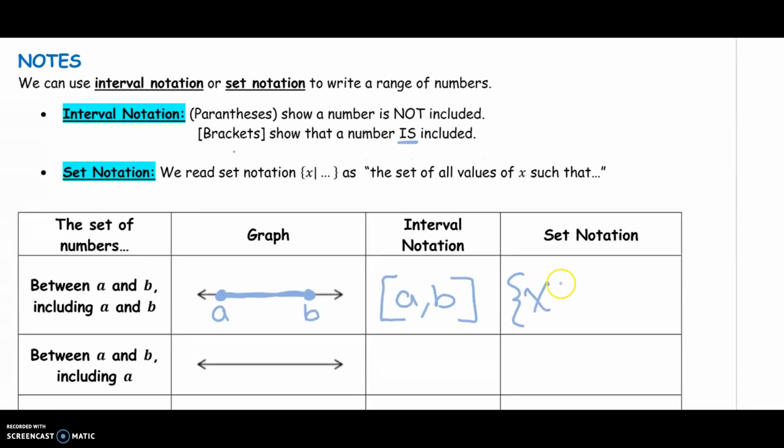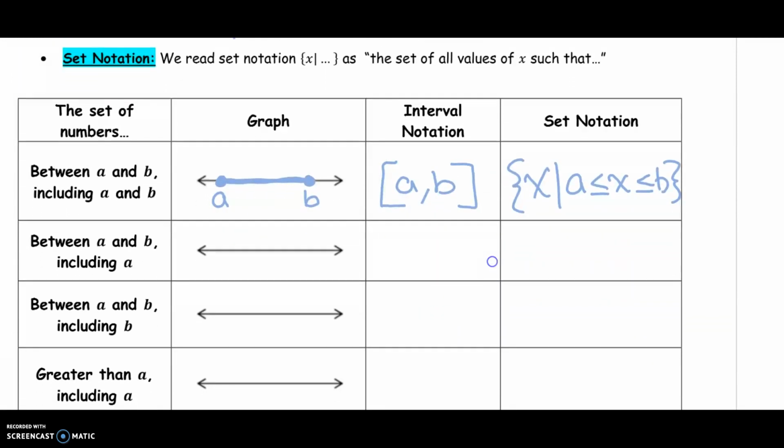Okay, and we put a line after it, and the way that we read this is the set of all values x such that A is less than or equal to x, which is less than or equal to B. And all that really means is that x can be any number in between A and B, where A is the smallest number and B is the largest number. Notice that the symbol here is less than or equal to, and the symbol here is less than or equal to because we're including A and B in our range of numbers.